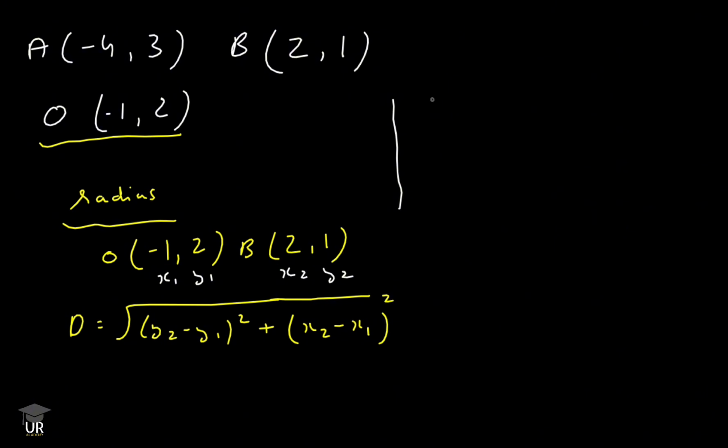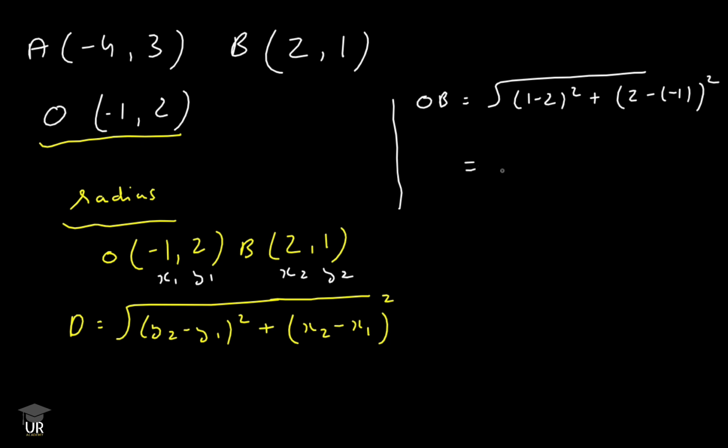So what I need to find is OB. So OB is equal to under root 1 minus 2 square plus 2 minus 1 square.